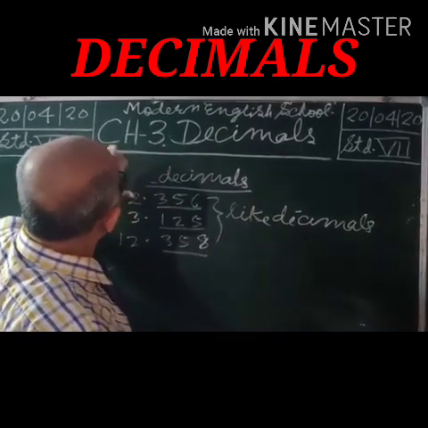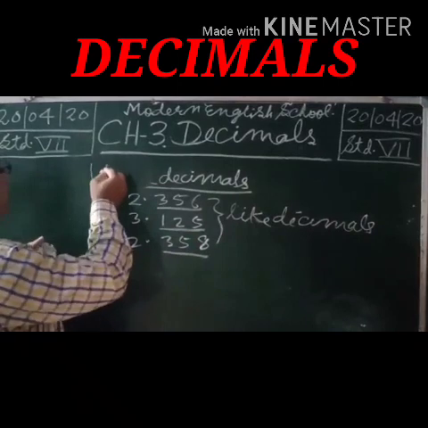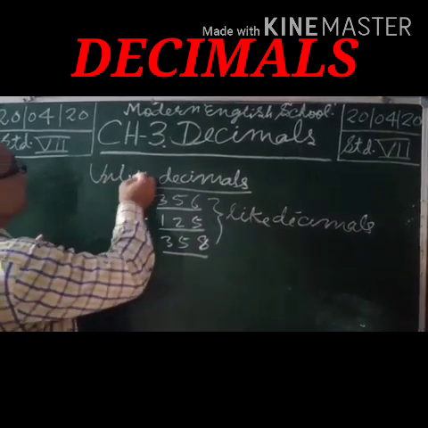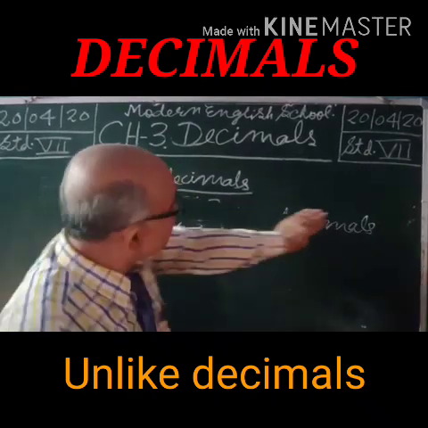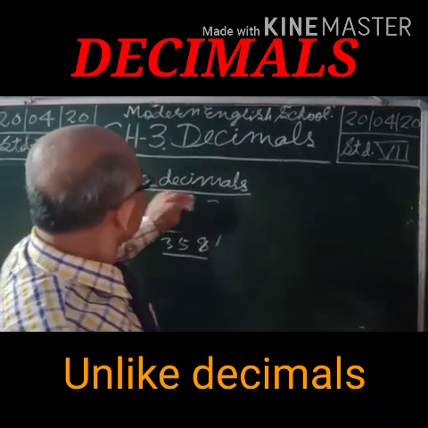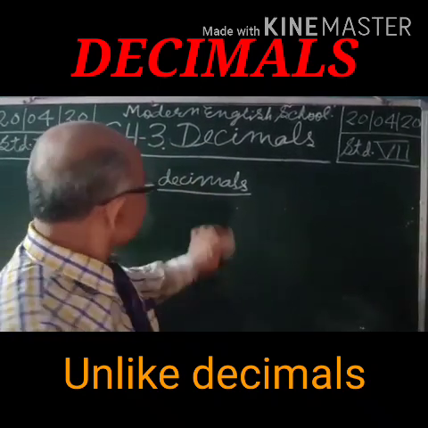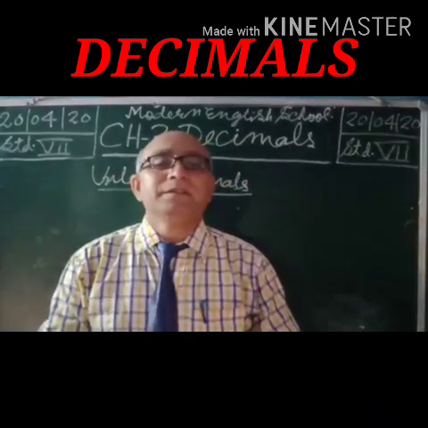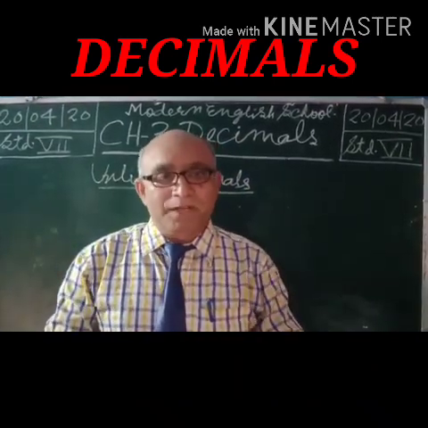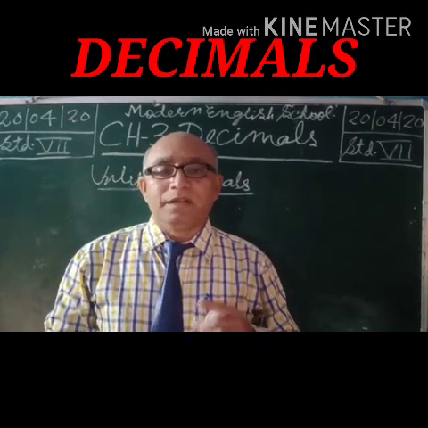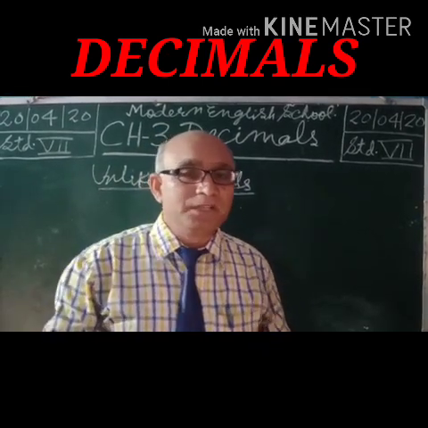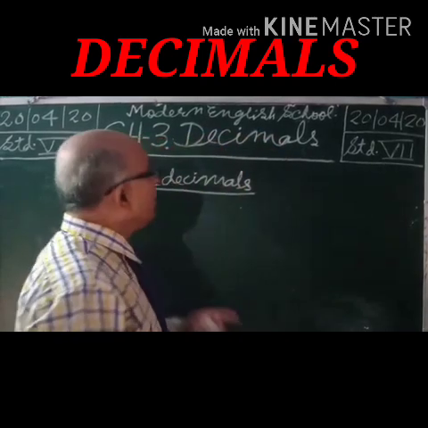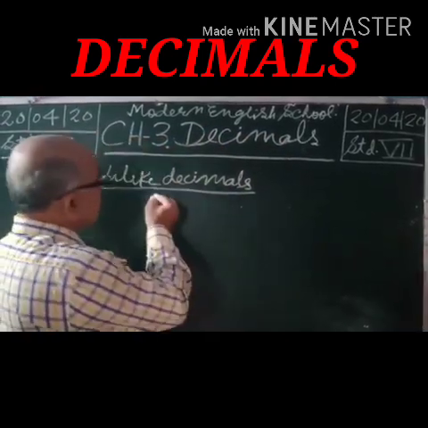Now next is unlike decimals. Decimals having different number of decimal places are called unlike decimals.